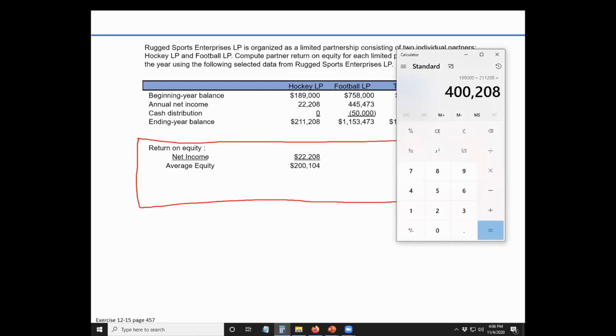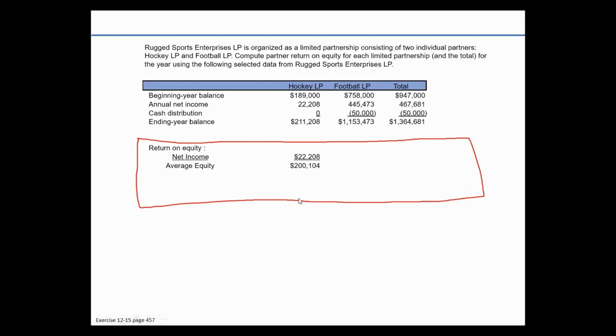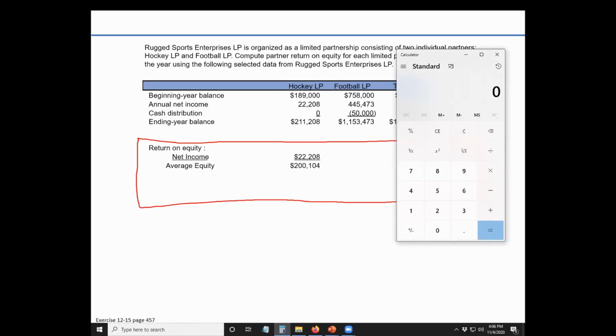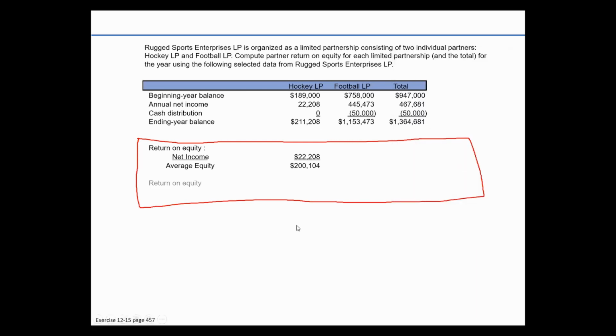Divide that by 2, gives you $200,104. So if we take that, that gives us 11.1% for the rate of return on equity.